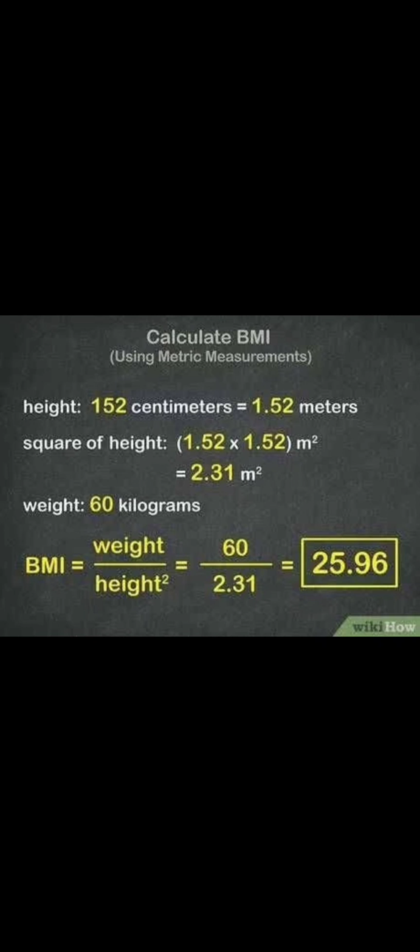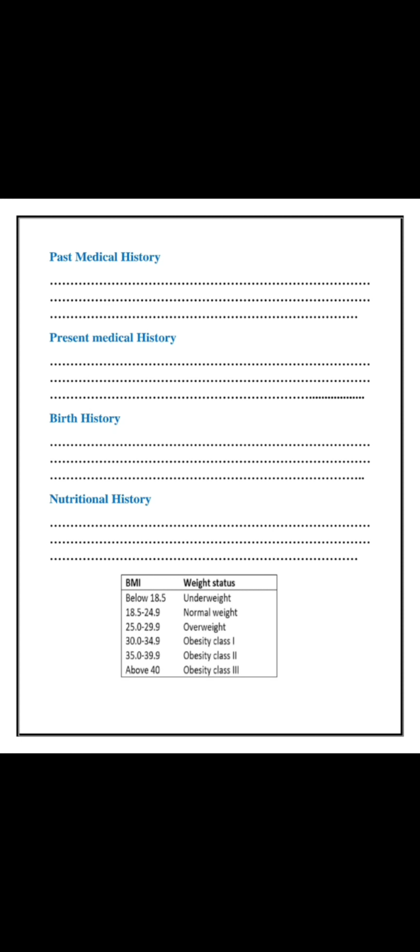So weight is 60 kg and height in meters squared is 1.52 whole squared. Then we calculate and get 25.96. So that means the BMI is above 25, and the person is overweight according to the BMI.